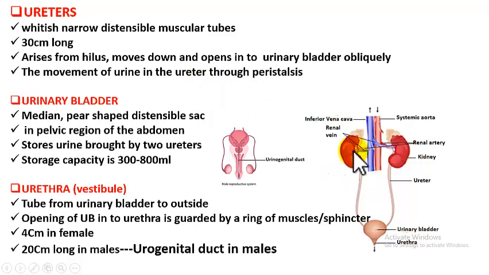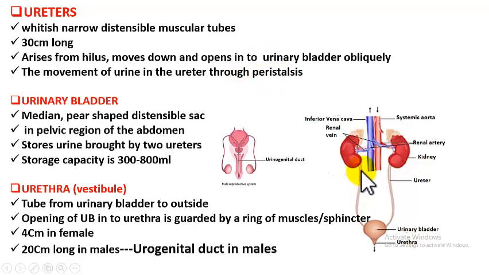So from the hilus region they arise, move down and open into the urinary bladder, not straight but obliquely. Straight ga kaadu, oblique ga. So ikkadi nunchi arise ayyi, they take a bend and then go to the urinary bladder. So understood? Next, the movement of urine in the ureter is via peristalsis. Because it is a muscular tissue, right?